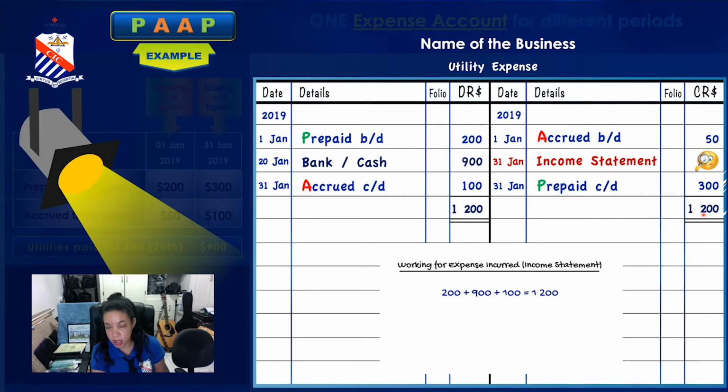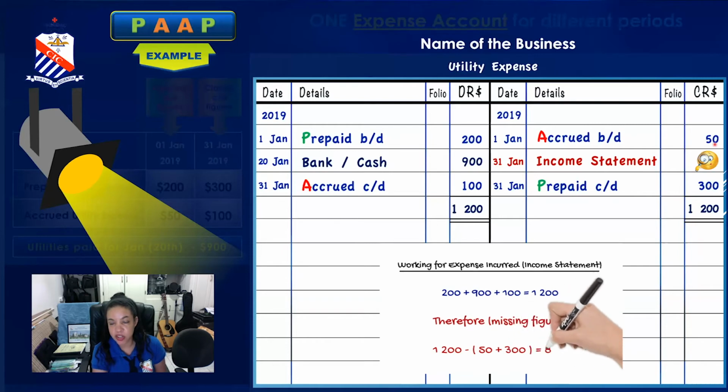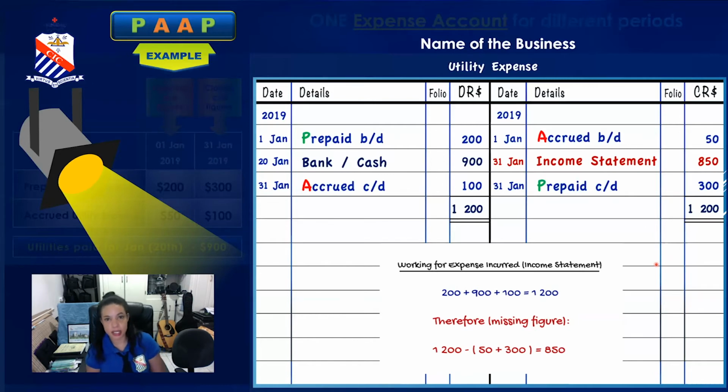It's the total minus these two figures here. So it will be the 1200 minus the 300 and the 50. And that will give you a total of 850 as the expense incurred, the utility expense incurred that is to be transferred into the income statement.